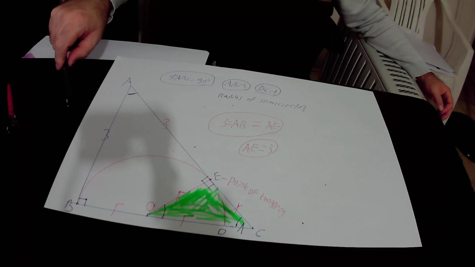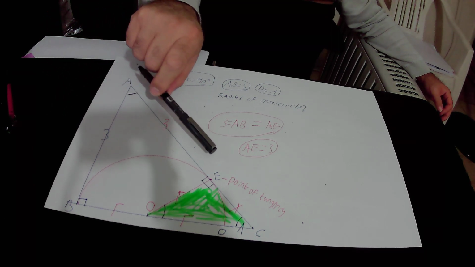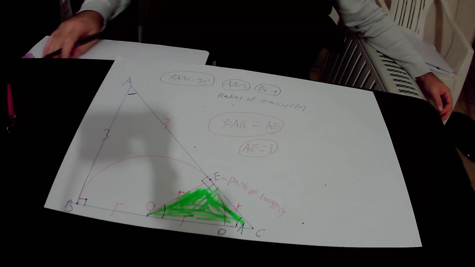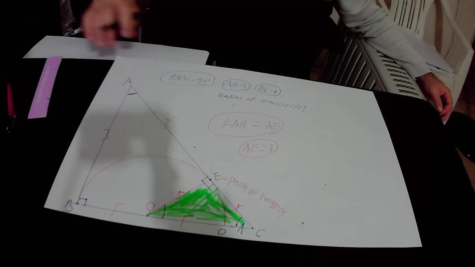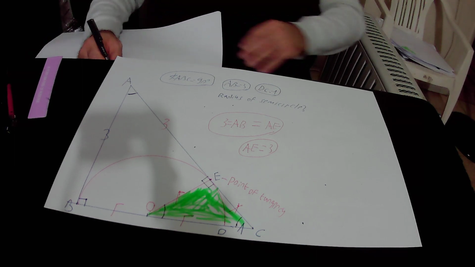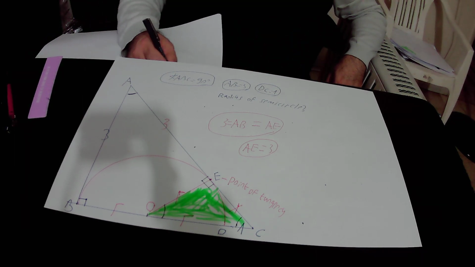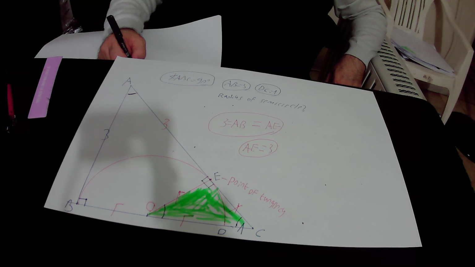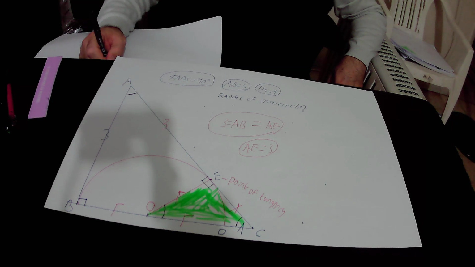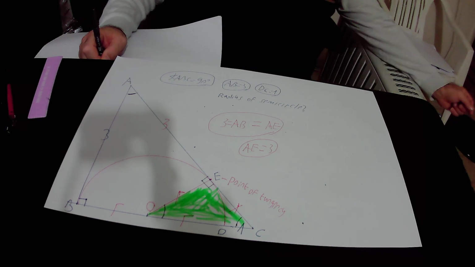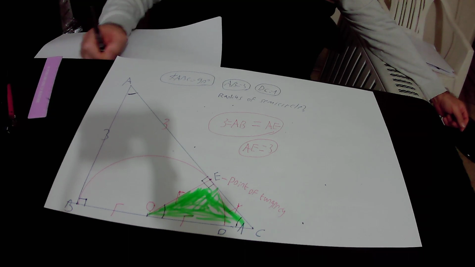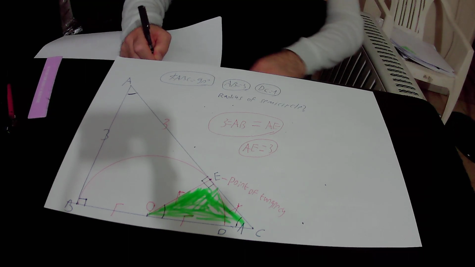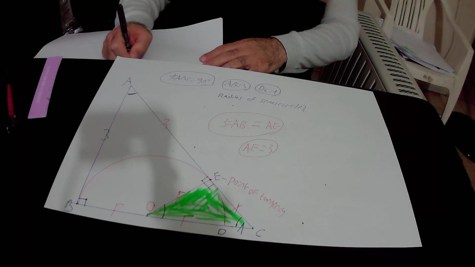Therefore, we proved that triangle ABC is similar to the green triangle, triangle EOC, according to the angle similarity rule.